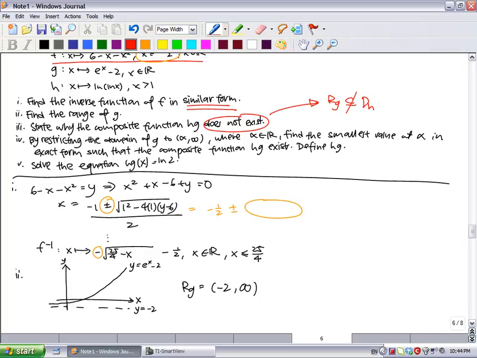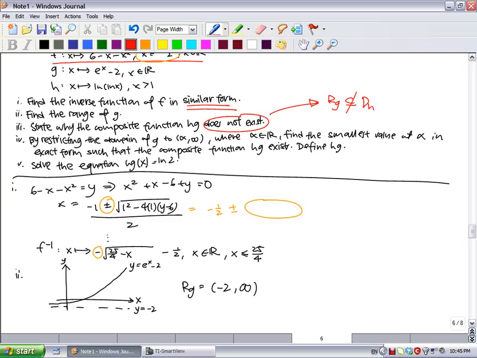If it does exist, then the range of g needs to be a subset of the domain of h. So you just need to work it out. Find out where is the range of g, where is the domain of h, and show that the range of g is not a subset of the domain of h.